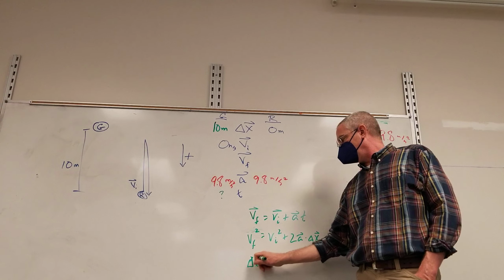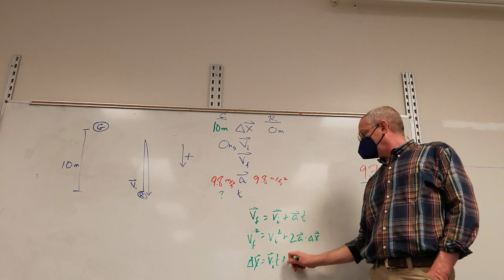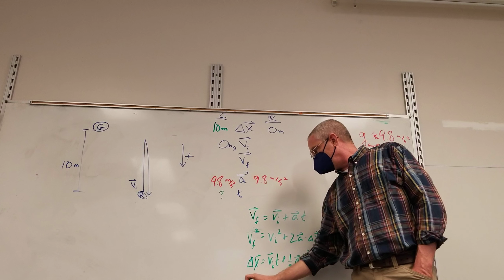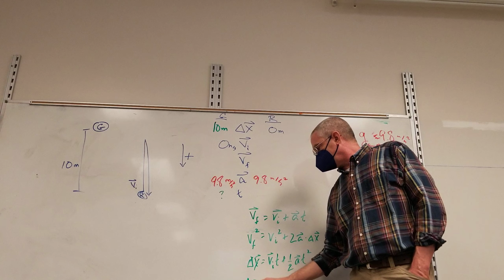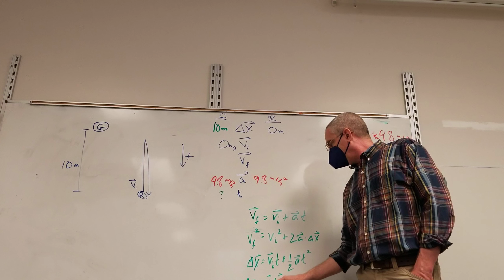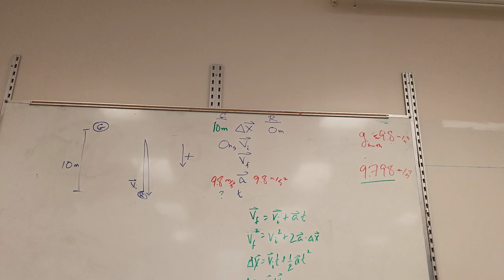Delta x equals vi t plus 1/2 a t squared. And delta x equals (vi plus vf) over 2 times time. All right, so we have our four constant acceleration equations, kinematic equations.